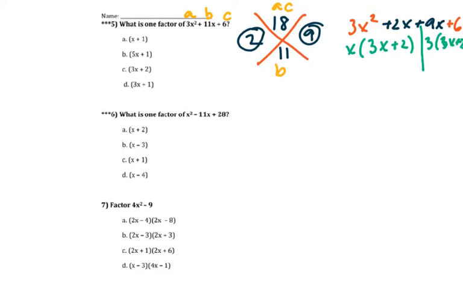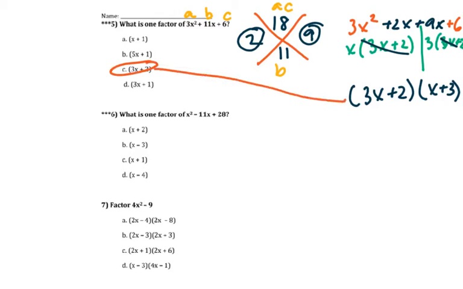The parentheses match, so my answer is 3x plus 2, x plus 3. 3x plus 2 can come out, leaving me with an x plus 3. So if we look at the answer choices, option C is the one that has one of those factors. Try the same thing with number 6.